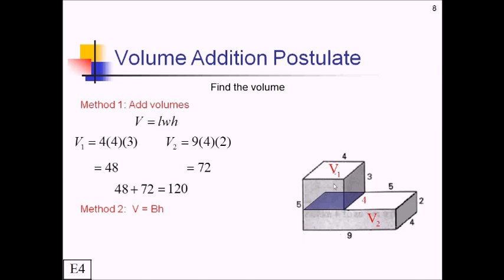So we have the area of this top part here, which would be 4 times 3. And then we have the area of this bottom-shaped piece, which would be 9 times a height of 2. This would be 12 plus 18, which is 30. And then we just have to multiply that by the height of 4 right here, the distance between the L's. So that would be 4 times 30, also 120.